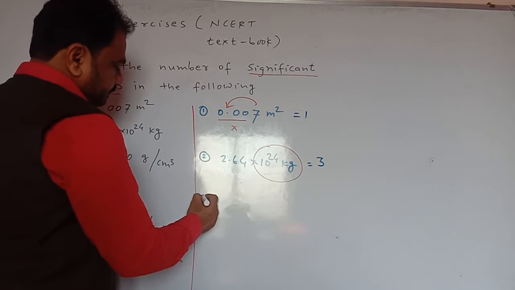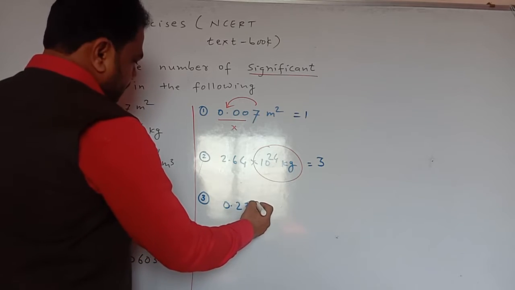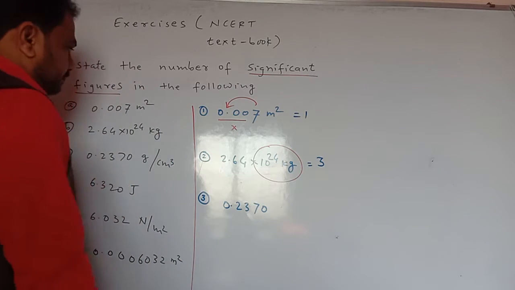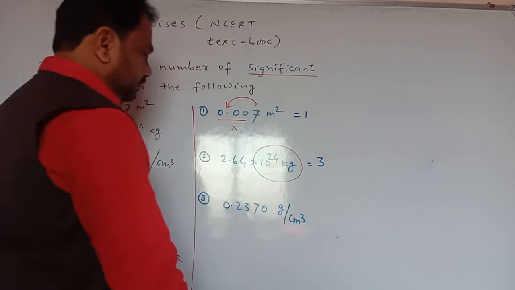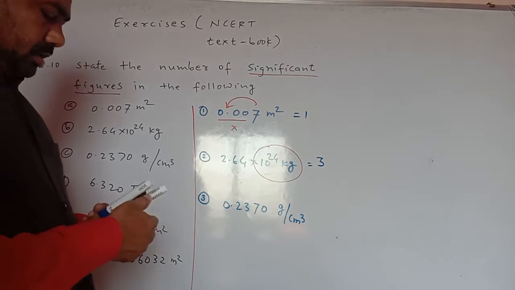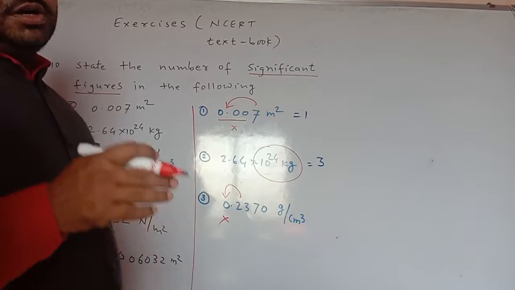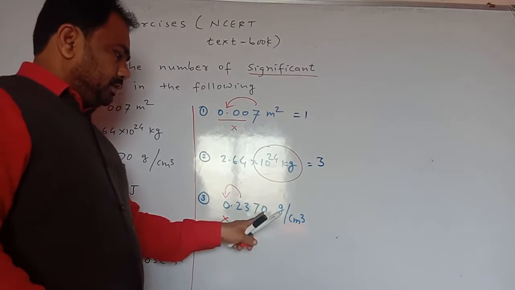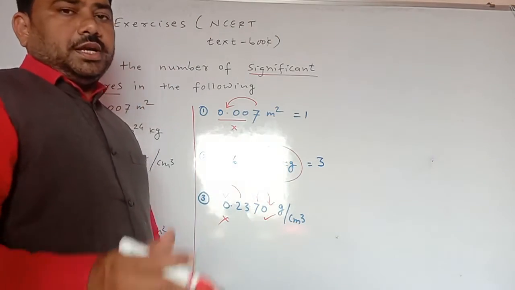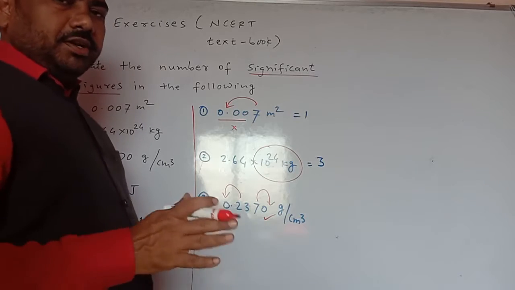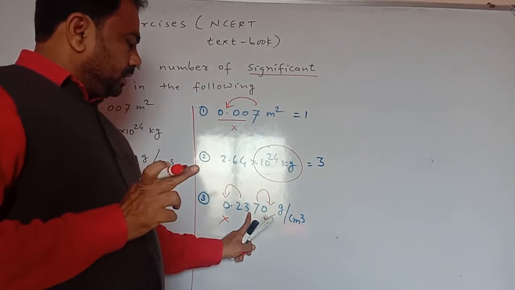Now next, 0.2370 gram per centimeter cube. See here, this 0 is on the left side of the number, so it is not counted as a significant figure, but this 0 is on the right side of the number, so it is counted as a significant figure. Including this 0, how many significant figures are there? 1, 2, 3 and 4.